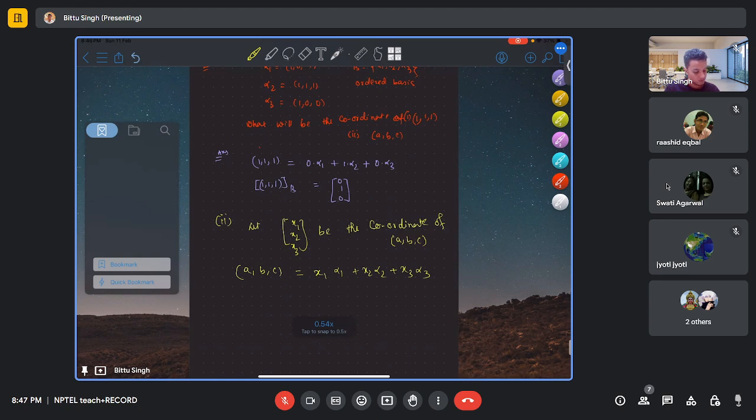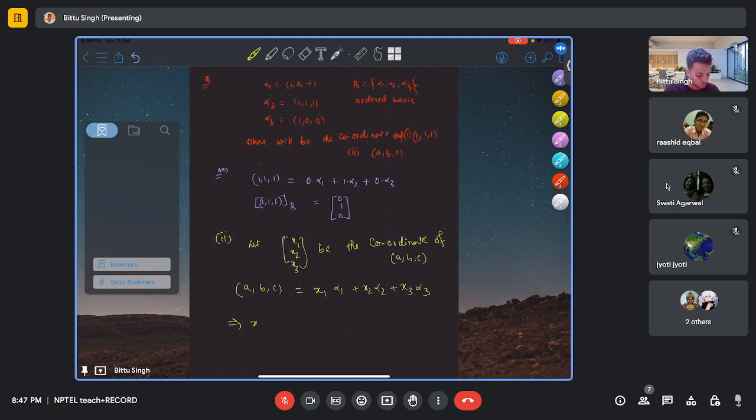And what is x1 times alpha 1? x1 times (1, 0, -1). This is the same as (x1, 0, -x1). Similarly, x2 times alpha 2 is (x2, x2, x2). And x3 times alpha 3 is (x3, 0, 0).